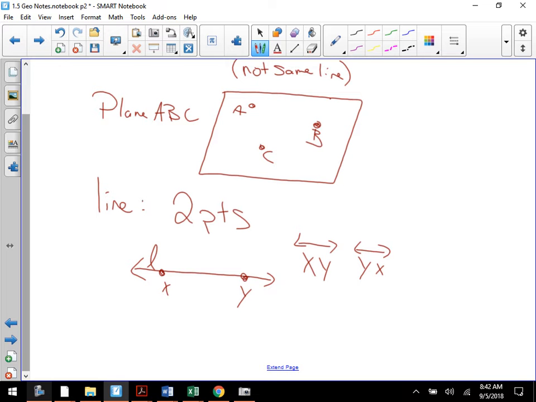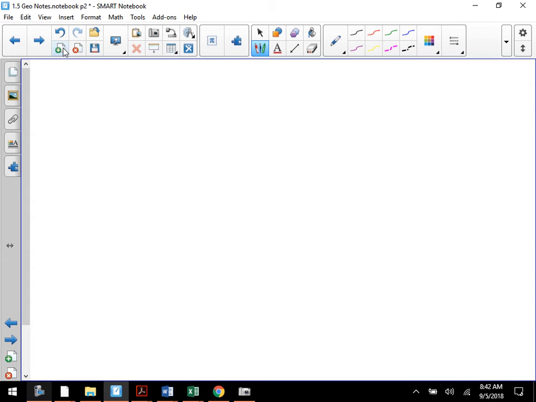You were saying a second ago about taking off one of the arrows, and then you said that was called a ray. So ray: one endpoint, continuous.